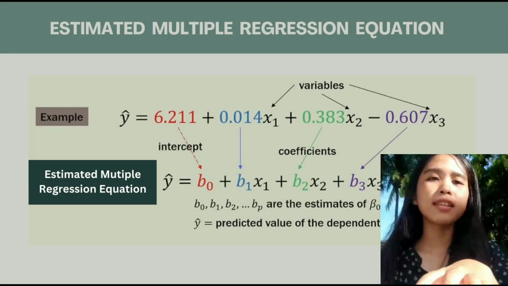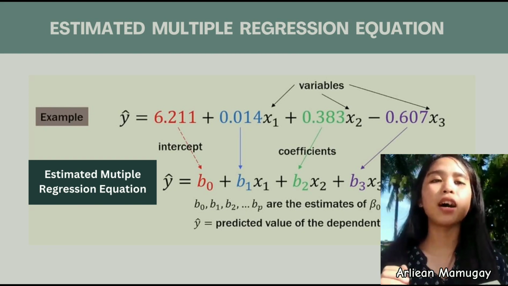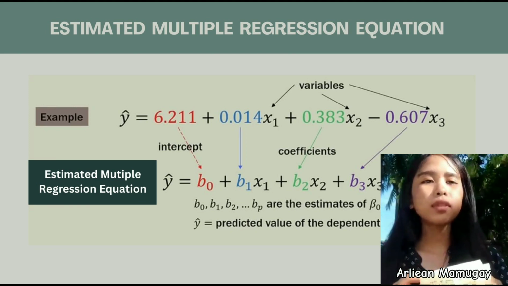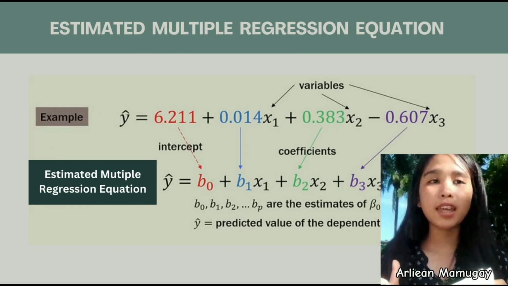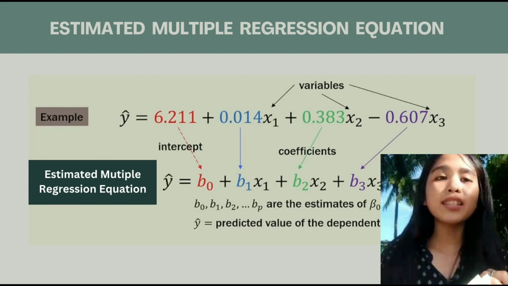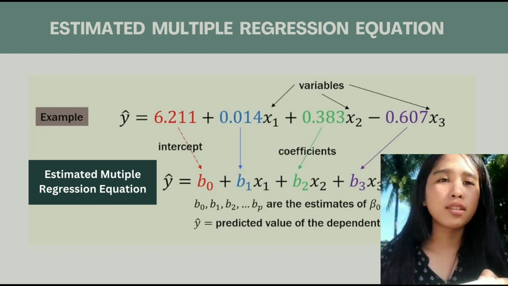So next is the estimated multiple regression equation, where y hat is the predicted value of the dependent variable. So this helps to forecast something using historical or present data. Okay, this topic was actually tackled before in Unit 2.